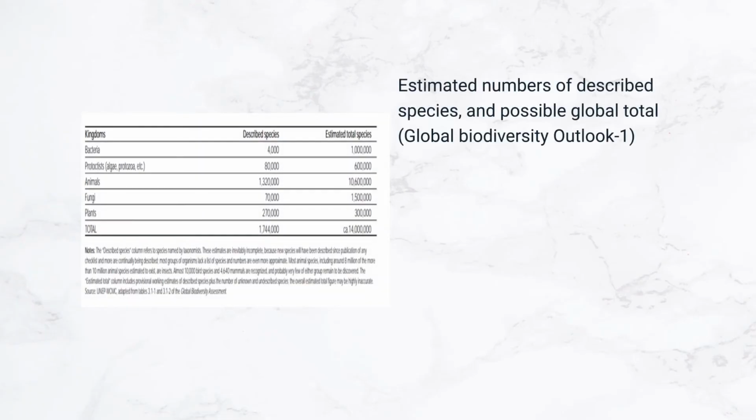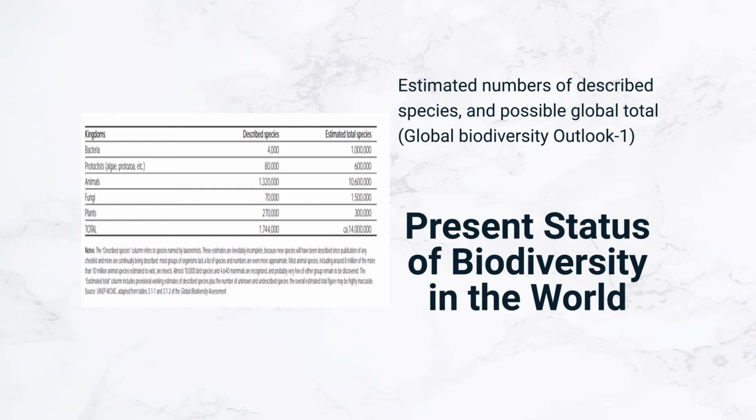Based on the Global Biodiversity Outlook published in 2000, about 1.75 million species have been described, and there are good grounds for believing that several million more species exist but remain undiscovered and undescribed.